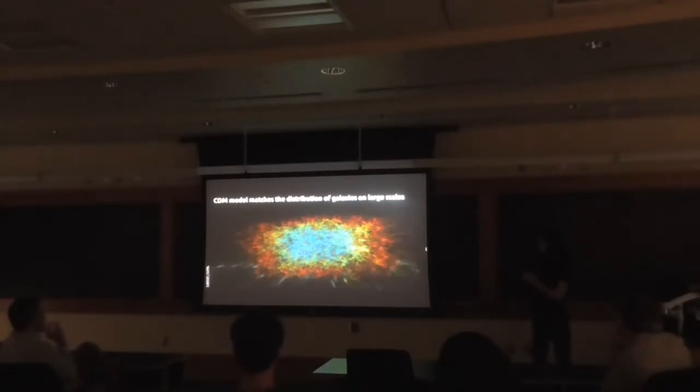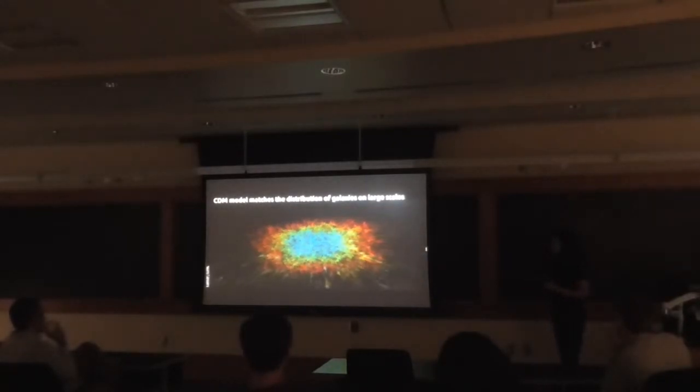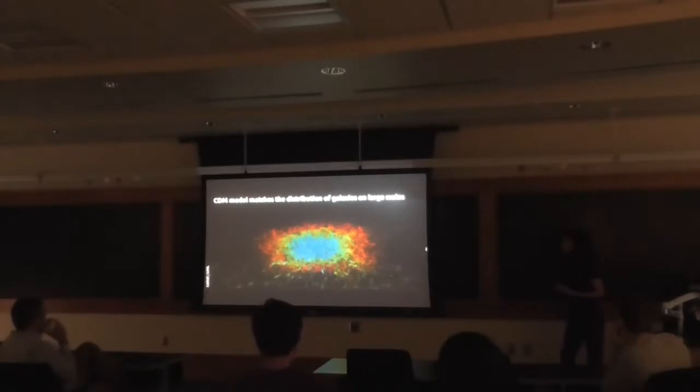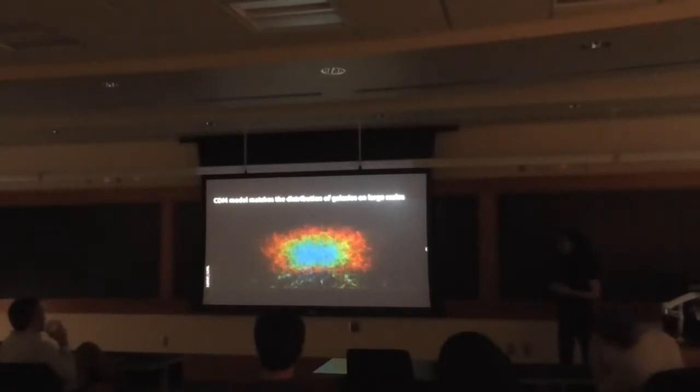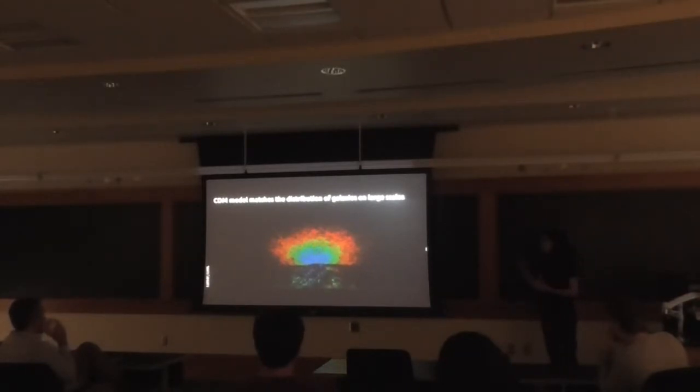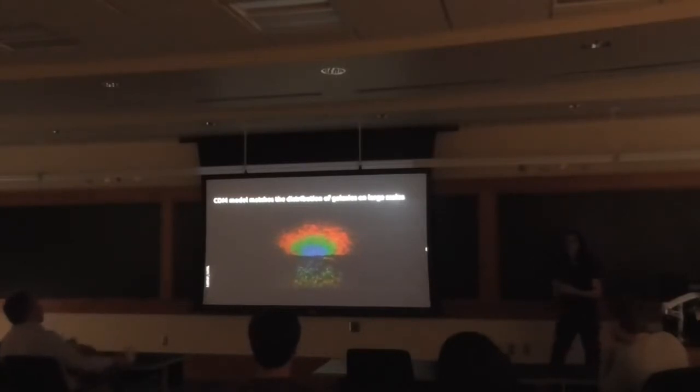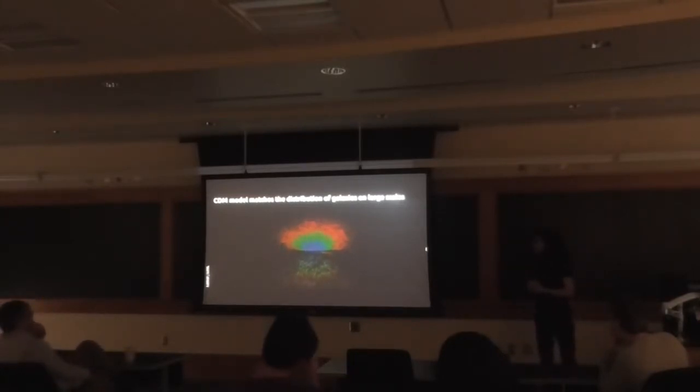This is a really remarkable success of the Lambda CDM model in predicting the distribution of matter on large scales. This is why we thought it was a good model to follow up on and see whether it holds on small scales as well.